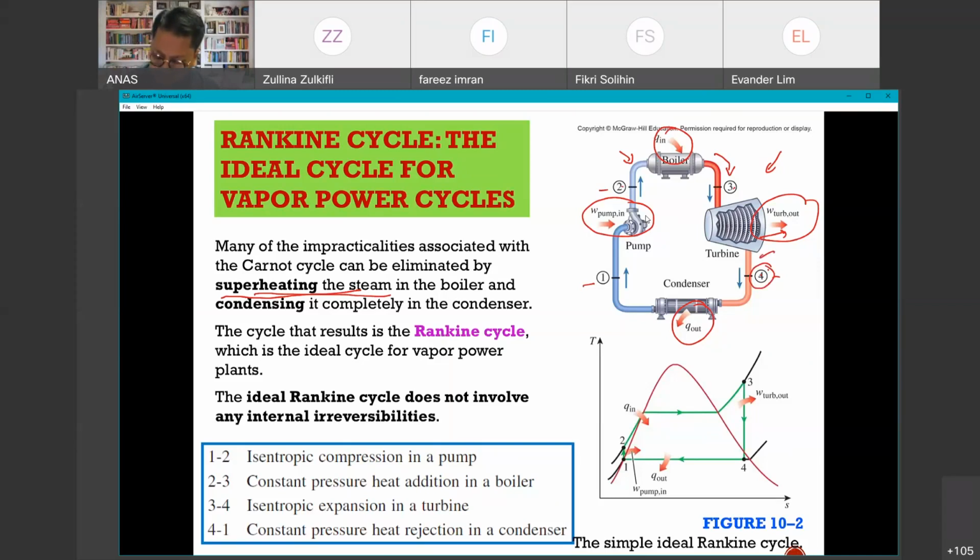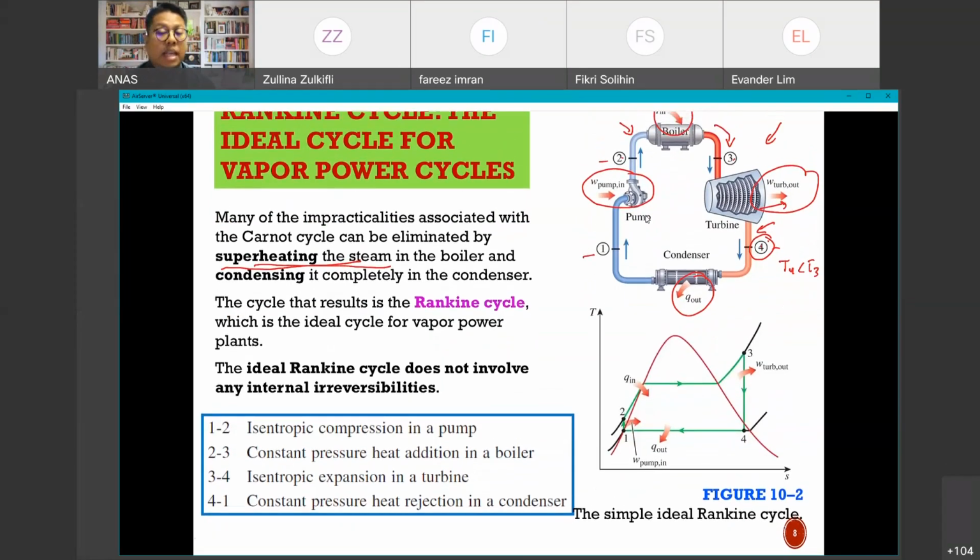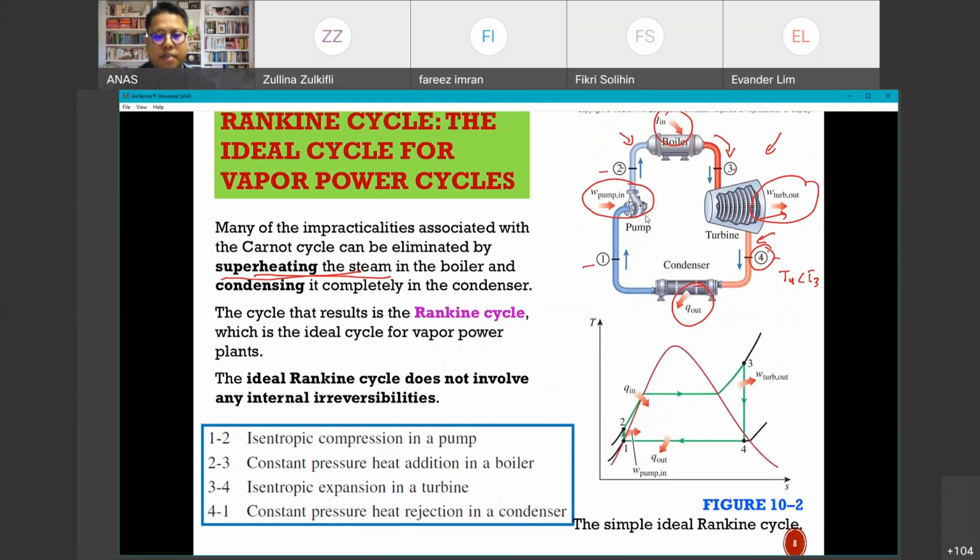Hence, if you see over here, the color region at stage 4 is light red, meaning that the temperature at this particular stage is less than at 3. So T4 is less than T3. So let's look at how this process can be translated in terms of the TS diagram.